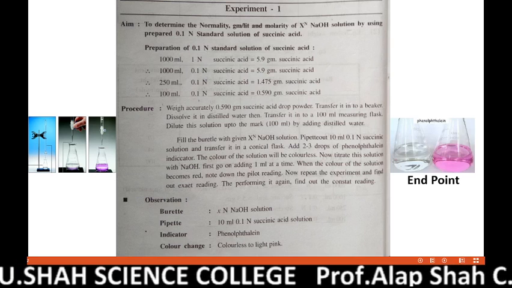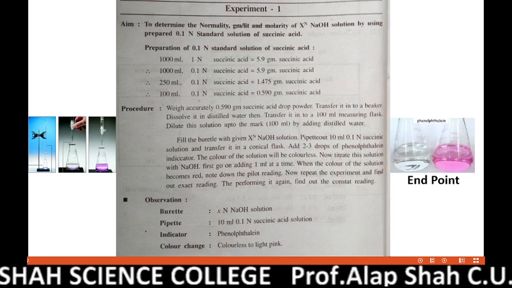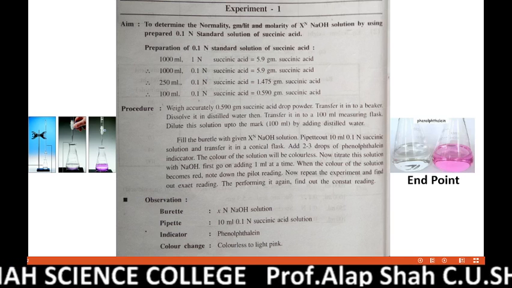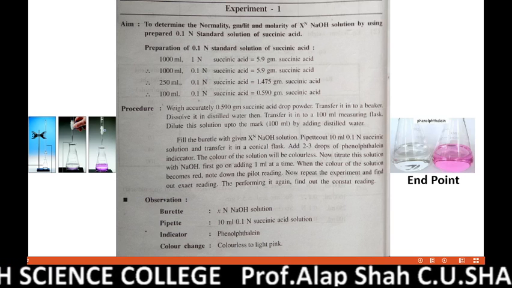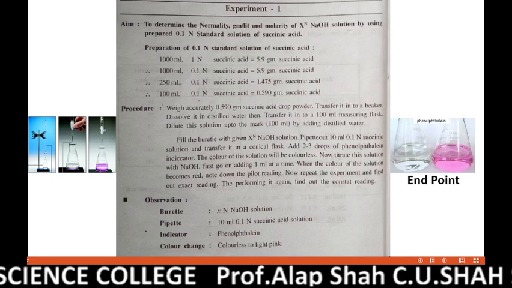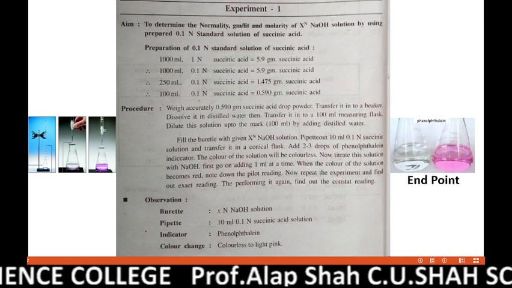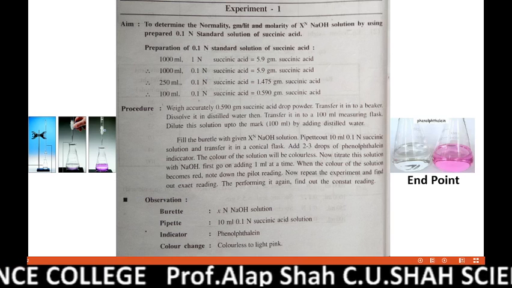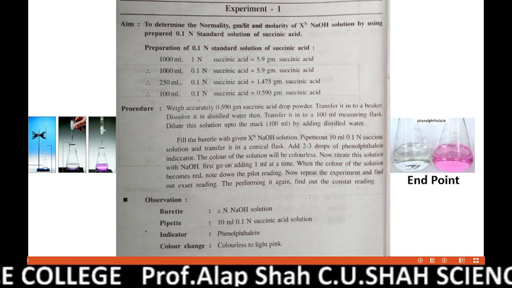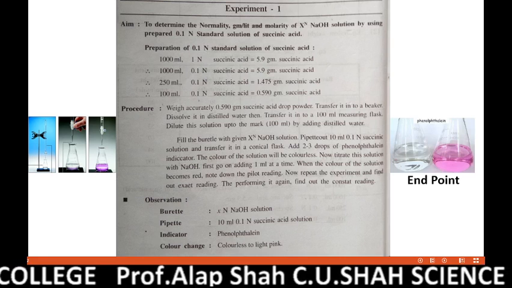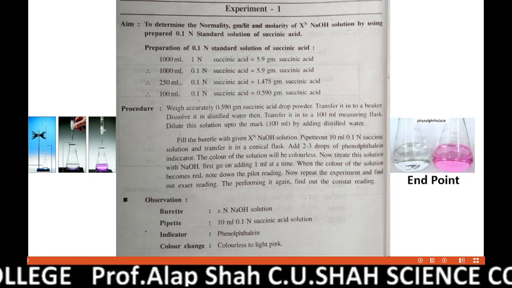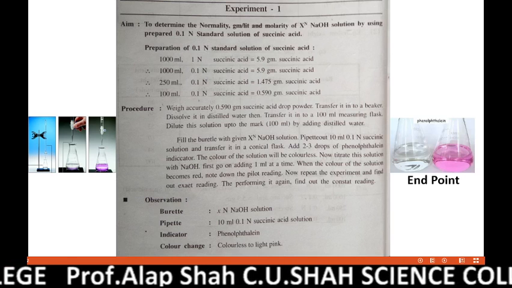So let us take one example. Suppose in this experiment I have assumed that the reading is 10.7 or 10.8 ml. So whenever you keep adding 1 ml, 1 ml, 2nd ml, 3rd ml, 4th ml, whenever we add 10 ml, we will get a slight color, but the color will not persist.